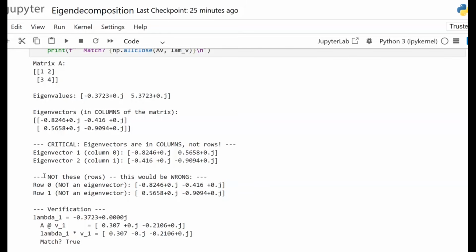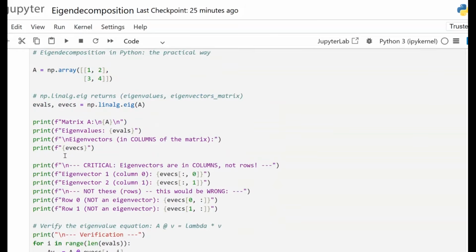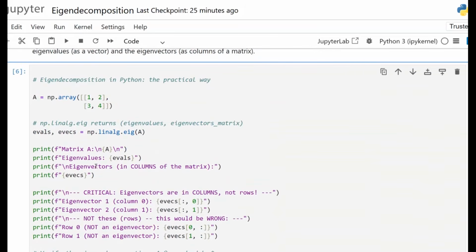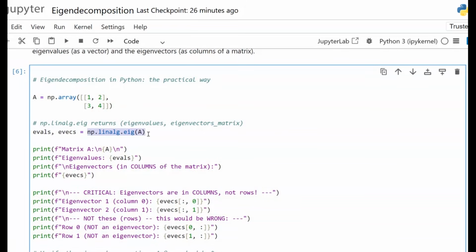This convention follows from standard mathematical notation, where the ith eigenvector is the ith column of V. So this script summarizes that we are returning the eigenvectors in columns, and each column corresponds to one eigenvalue. The verification loop confirms the eigendecomposition numerically, and misinterpreting rows as eigenvectors is a fundamental but common error. The script reinforces both the correct API usage and the underlying linear algebra structure.